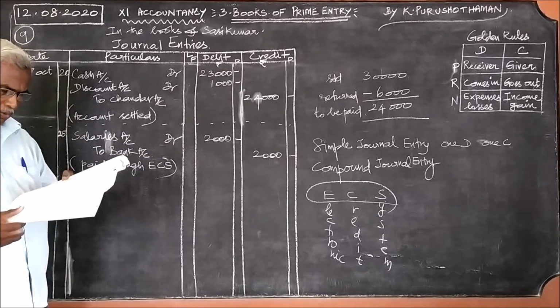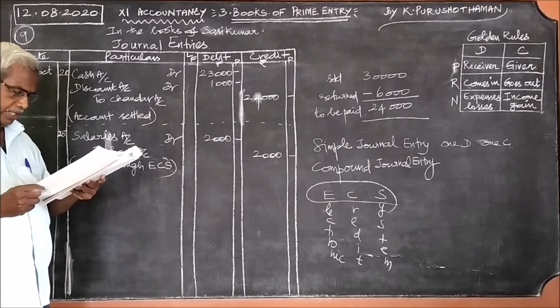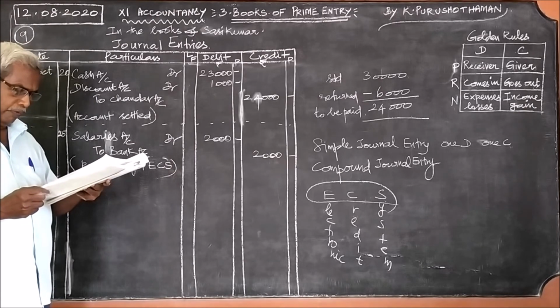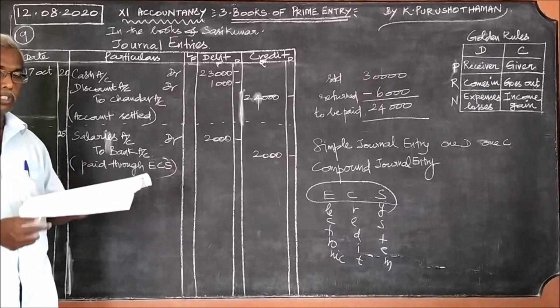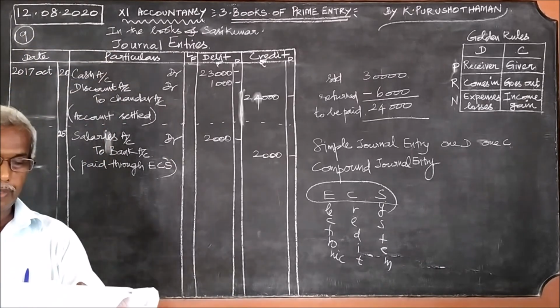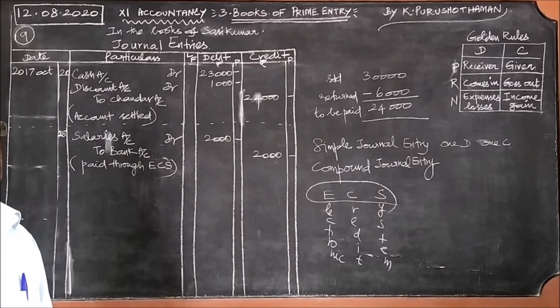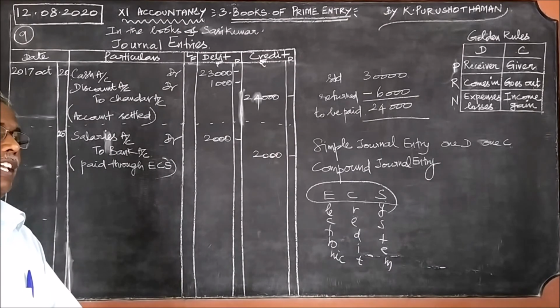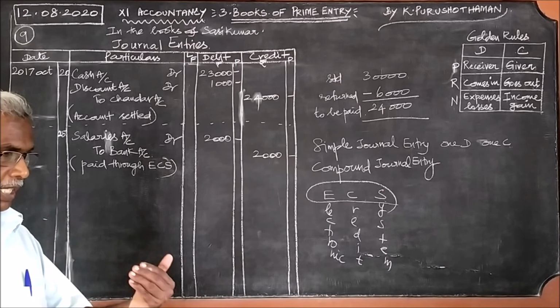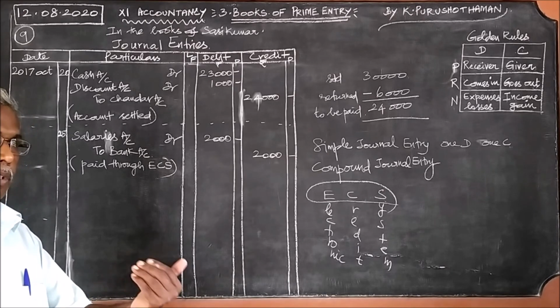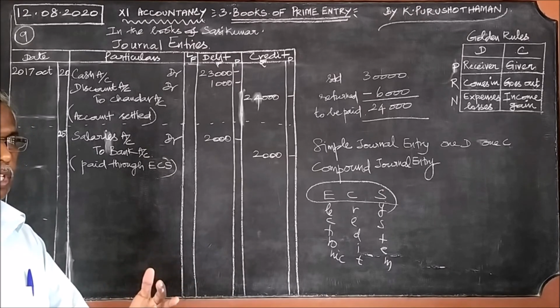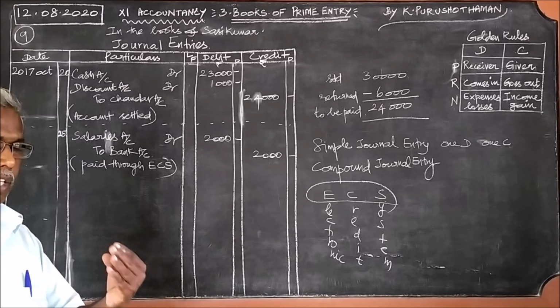And the last transaction: Sahil took for personal use goods worth 10,000. You should listen very carefully for personal use. Whatever is taken for personal use, it may be cash, it may be goods from the business, whatever it is.